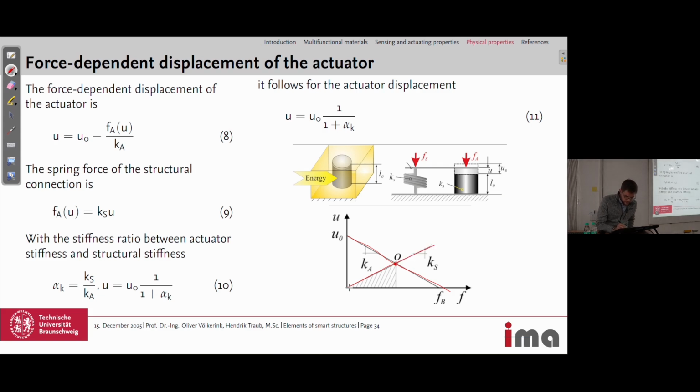And the area under this curve is the work which can be performed by the actuator, which is integrated into the structure. So it can only deform up to this point, because otherwise the actuator is not strong enough to deform the structure.